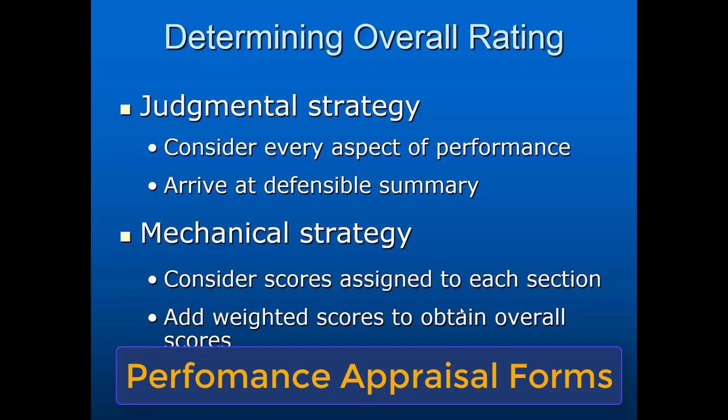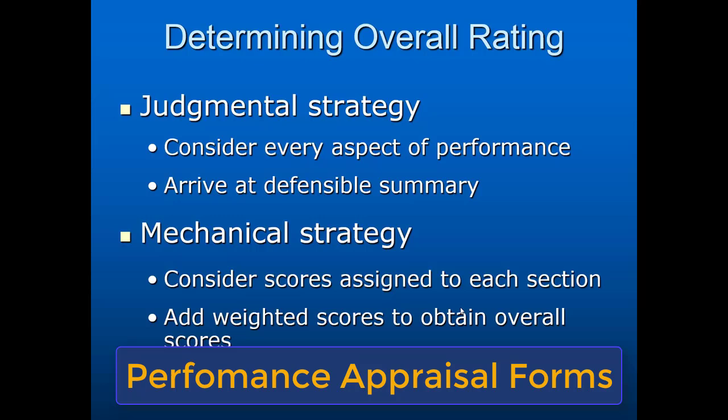Now, ultimately, many decisions from the performance appraisal process come from an overall rating. And the question is, how do we get that overall rating that might determine whether a person receives merit pay, or whether that person is considered eligible for promotion?